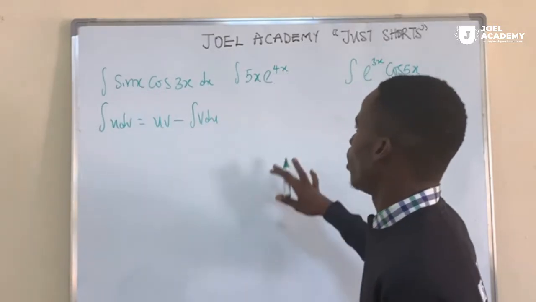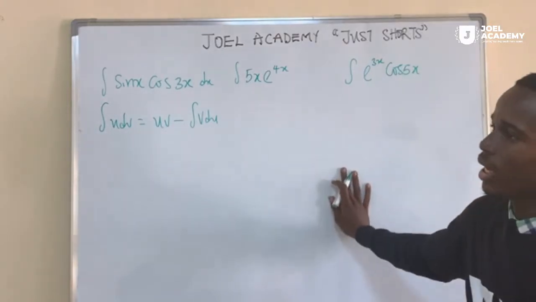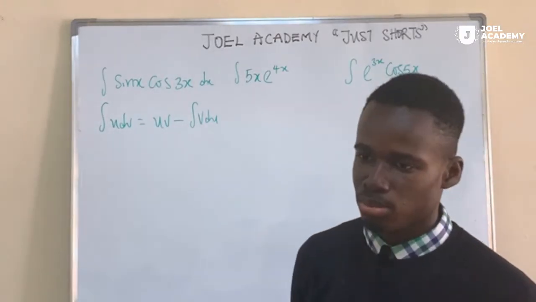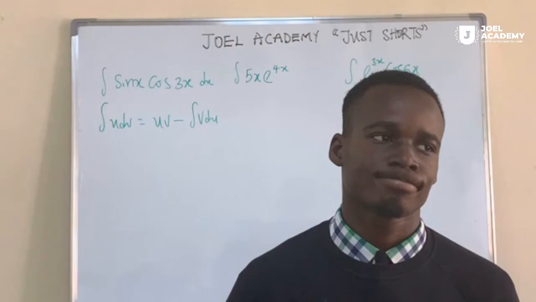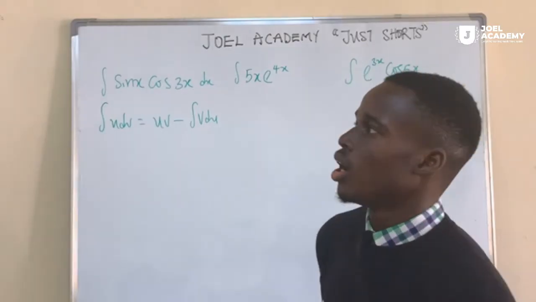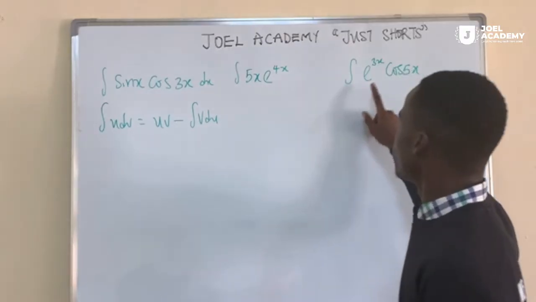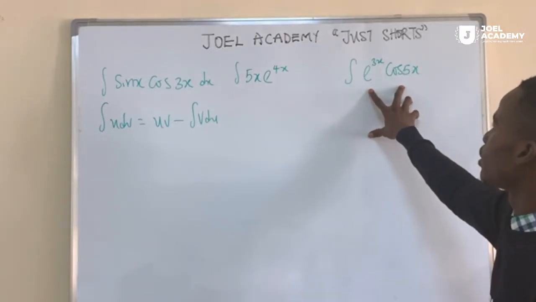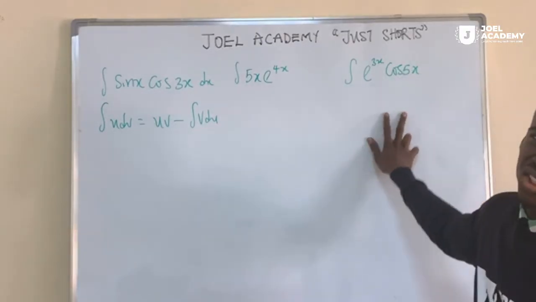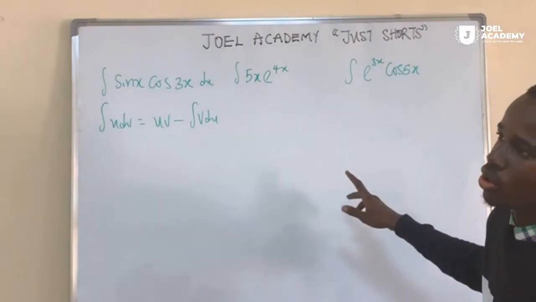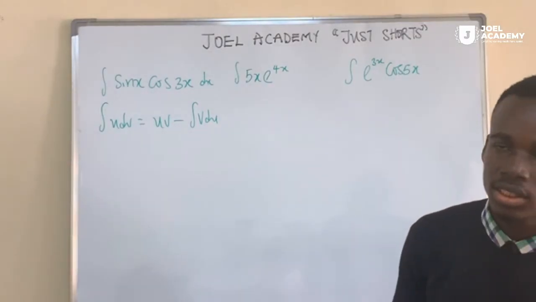But then the two major ones that I've seen to really help matter are the one involving x and the one involving exponential and a trig. So the shortcut about the one involving x is this.